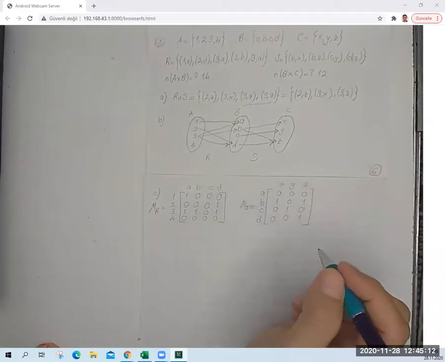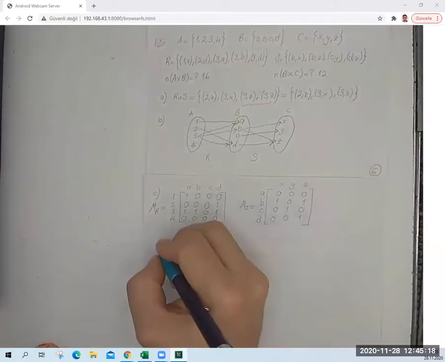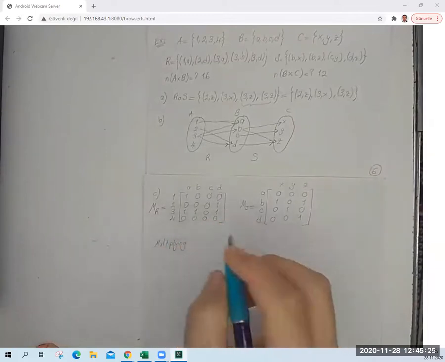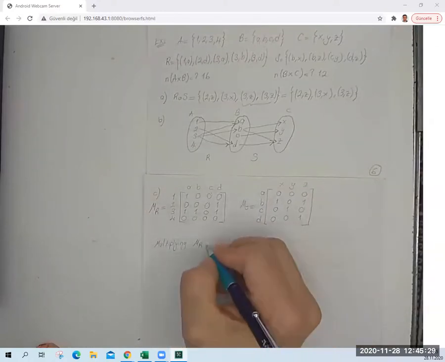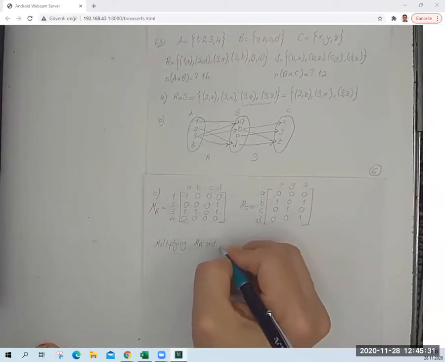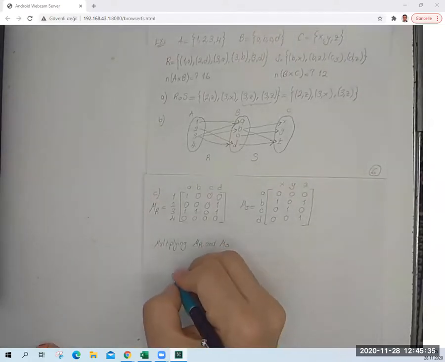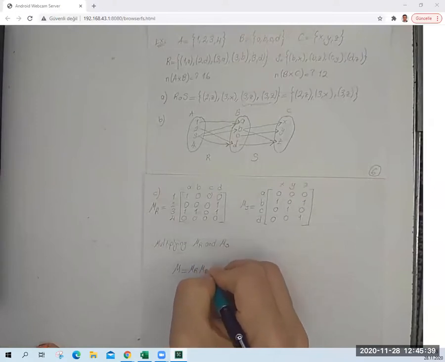Now, if I want to write this as a multiplication, M as a matrix R and matrix S. So M is equal to RS.